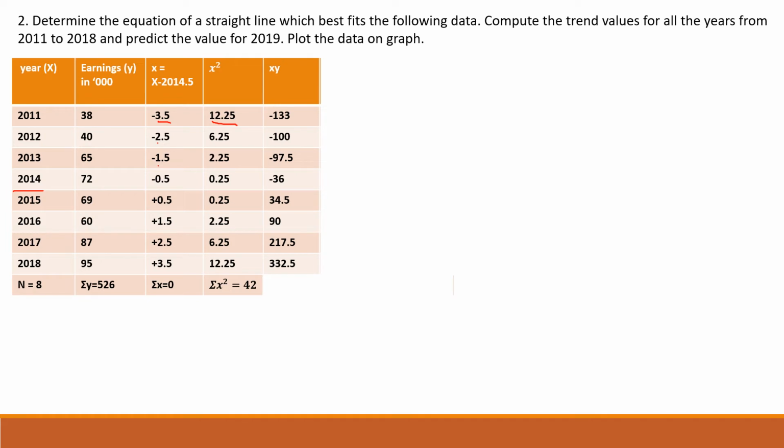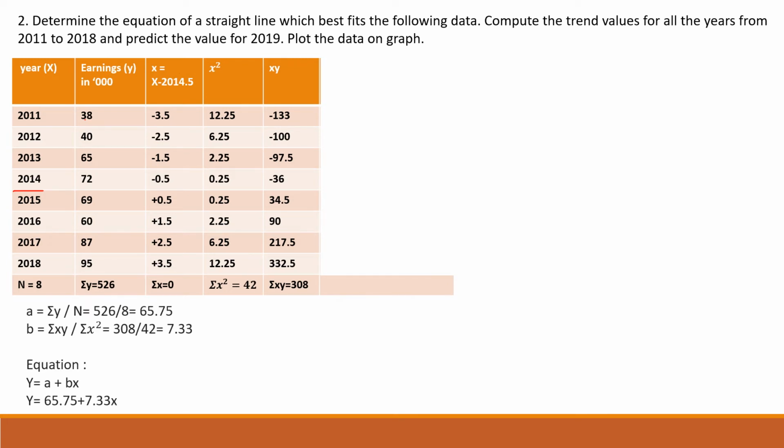So xy means we multiply the value of x and the value of y. So x into y, that is 38 into minus 3.5, minus 133. 40 into minus 2.5, minus 100. In the same manner we multiply all those values and then add this column. It is equal to summation xy equals 308.